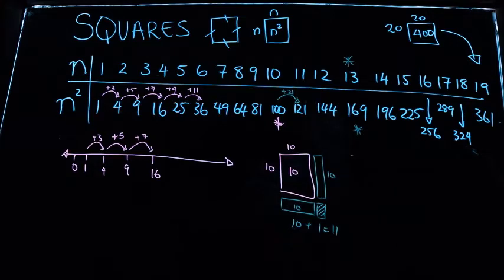So one way I can do it, I can keep following this pattern along here. Plus 23 plus 25 plus 27, and work it out that way. That's fine. But there's got to be a faster way to do this, and we need a bit of algebra here.